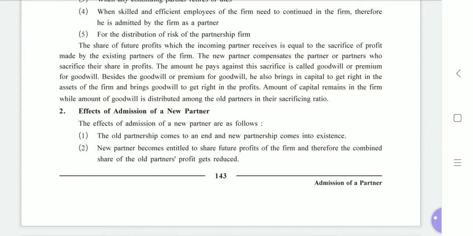And lastly, for the distribution of risk of the partnership firm. The result of the partnership firm can be profit or loss. Loss can be considered in terms of risk. The more partners there are, the less is the amount of risk.